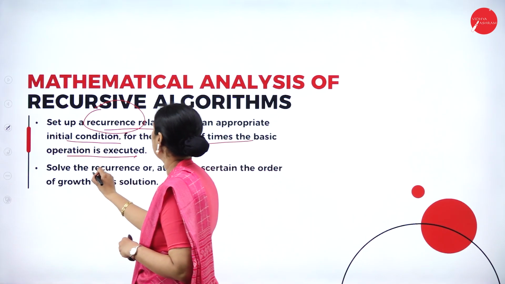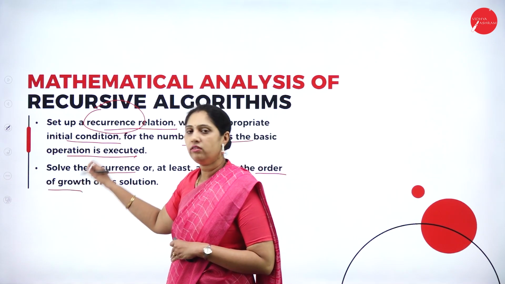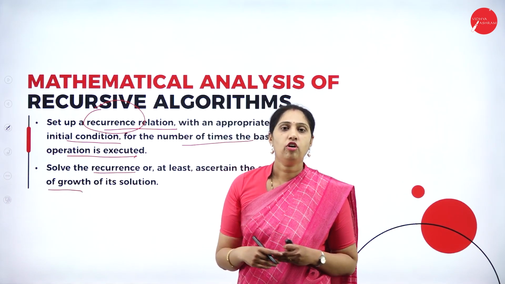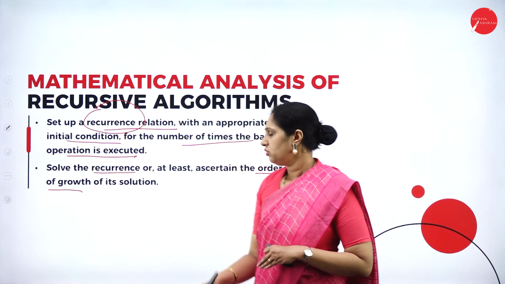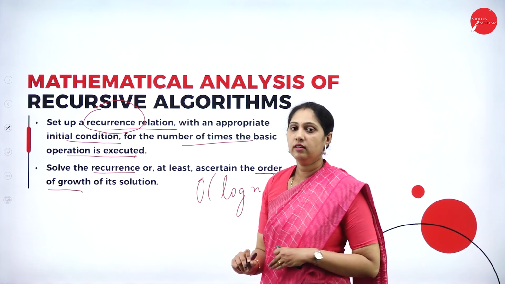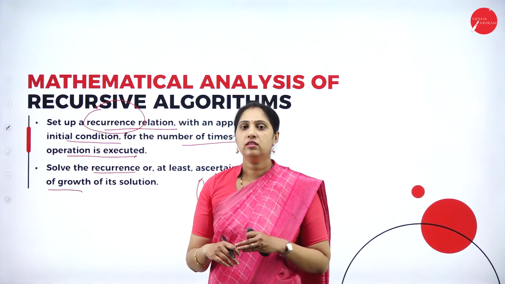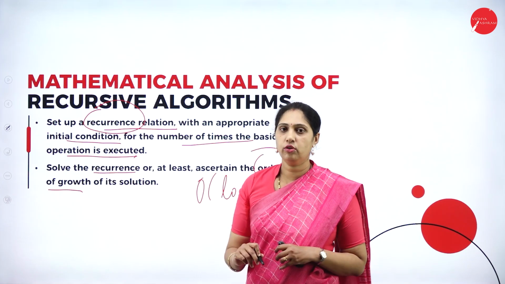Then we have to solve the recurrence. At last, why are we doing all this? To find the order of growth. What is the order of growth of the algorithm? It can be big O of log n, logarithmic of n. Depending on the algorithm, the last step will be the order of growth.